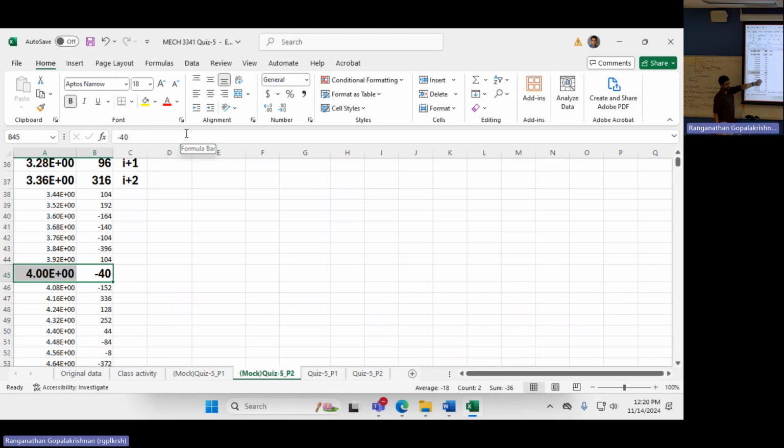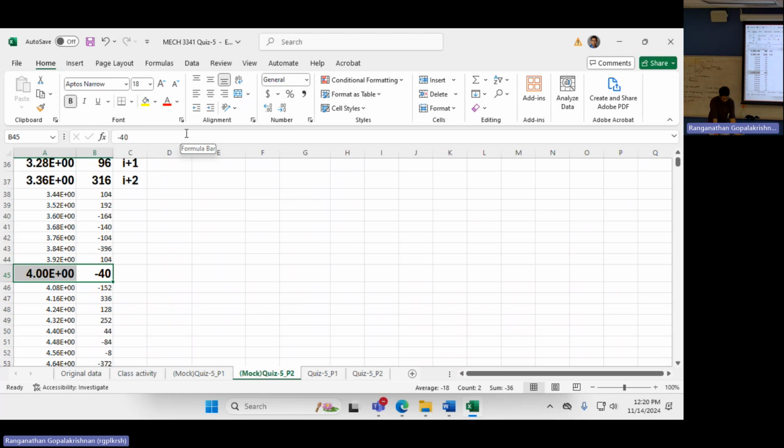Before you do that, those who can, look at the sheet and tell us what is the formula for second derivative with second order accuracy. So this will be central differencing.